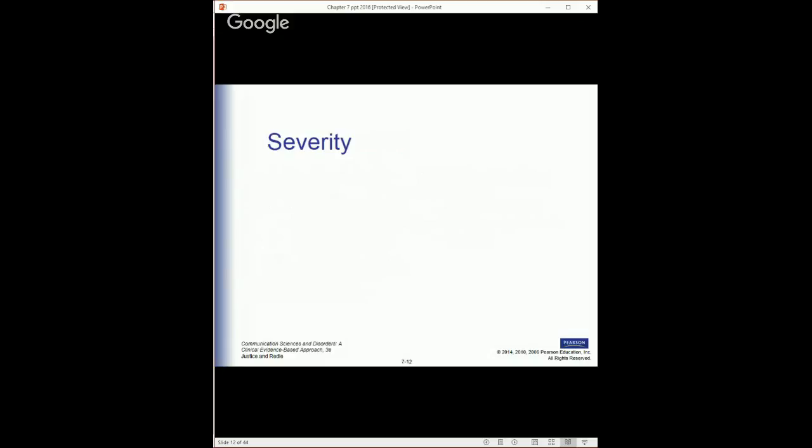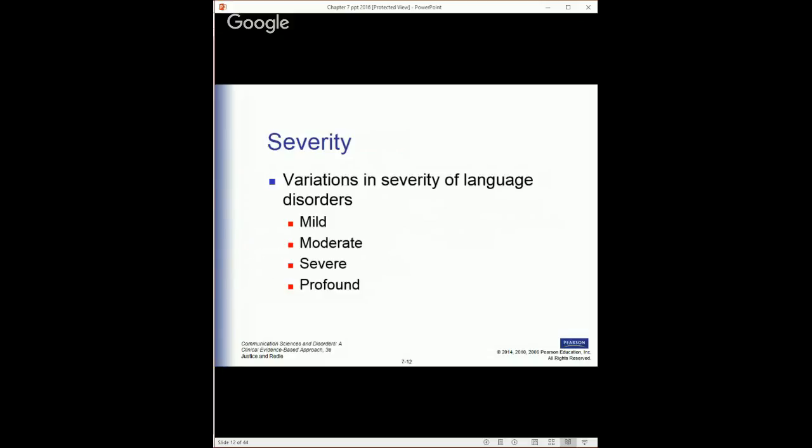Next, we'll look at severity of language disorders and the range in which those can occur. A mild impairment may be perceptible only to the child, his or her parents, or a professional, and may have little impact on the child's ability to function in social and academic circumstances. Children with mild impairments may not qualify to receive any specialized supports or ongoing interventions, especially in the school system.